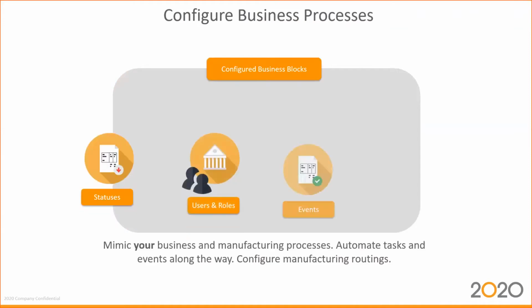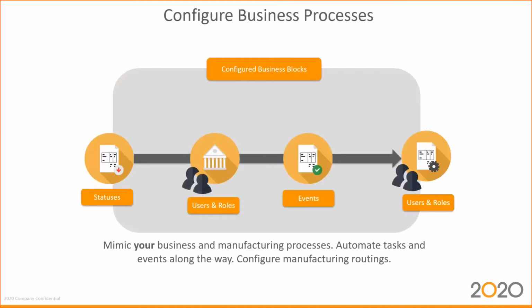Now, an example is, a job comes in, we want to tap into the accounting system, check the open ARs, compare it with the credit limit, and then release the job into production. Or we put it on credit hold, and the accounting department gets a notification that they have to take certain action.